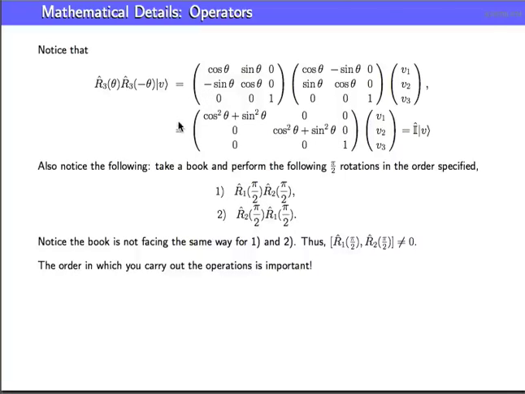If you're not familiar with matrix multiplication, you might want to review it quickly. It's very basic, handy, and important. When you multiply these two matrices together, you get cosine squared plus sine squared, and we see that becomes the identity. That just means that if you rotate something through an angle theta and you rotate it back by that angle theta, you get the same orientation of the object.